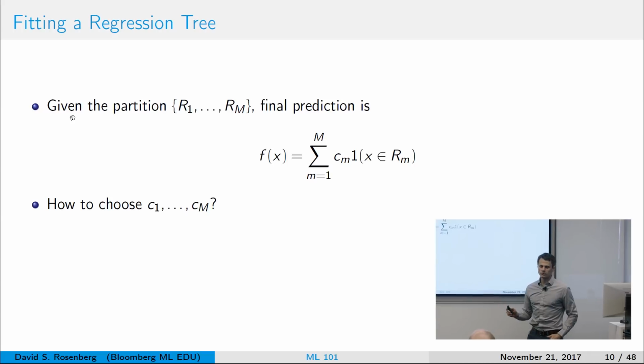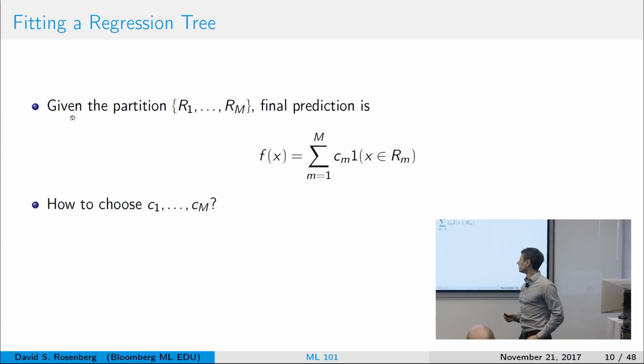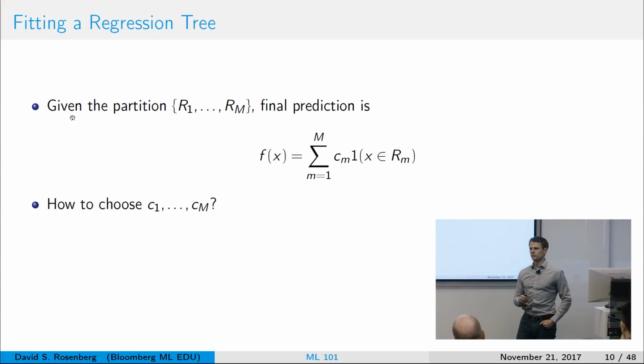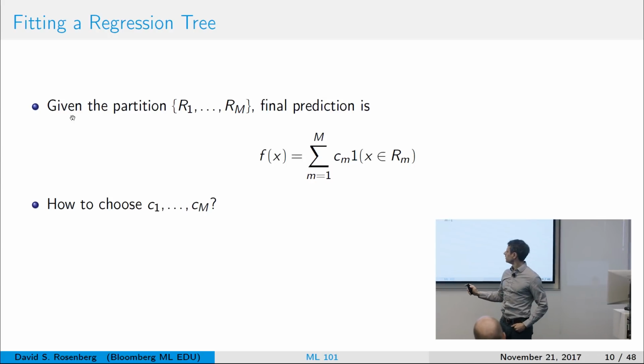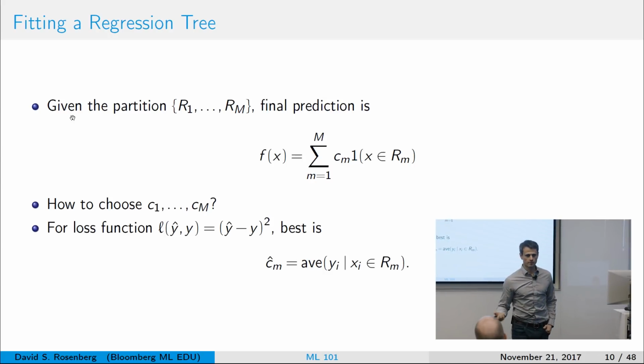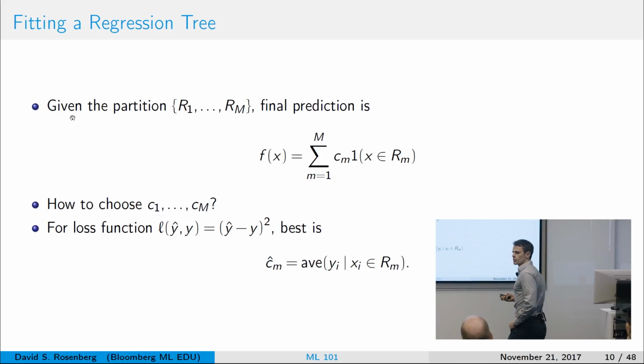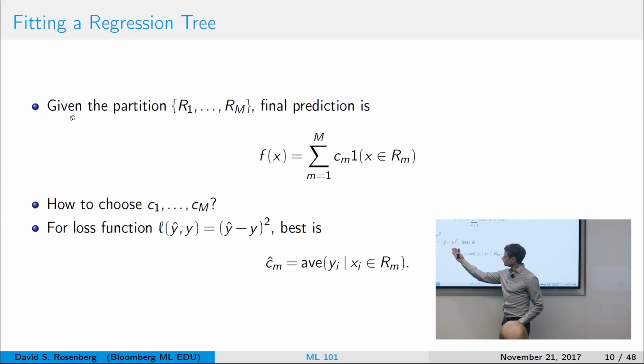So the question is, how would you choose c_1 to c_M? What do we have to decide on to know how to choose the c's? We need to introduce something additional. A loss function, of course. So let's go with square loss for regression.